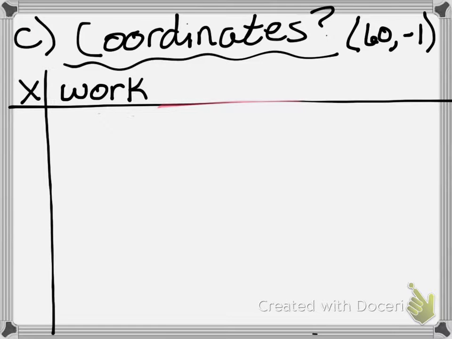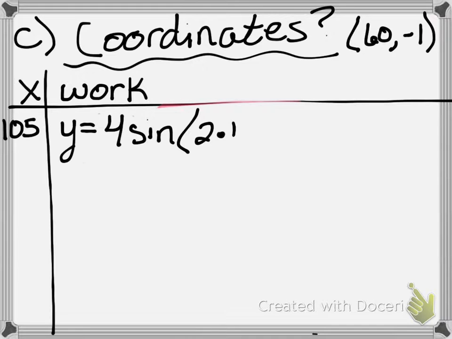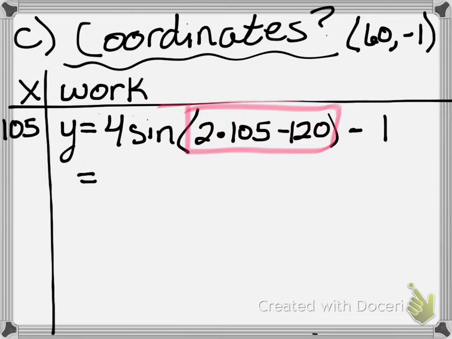Now our second key point was 105 degrees. You're going to do the exact same thing. Substitute. And then you'll solve. Look at what's in parentheses and simplify everything there.